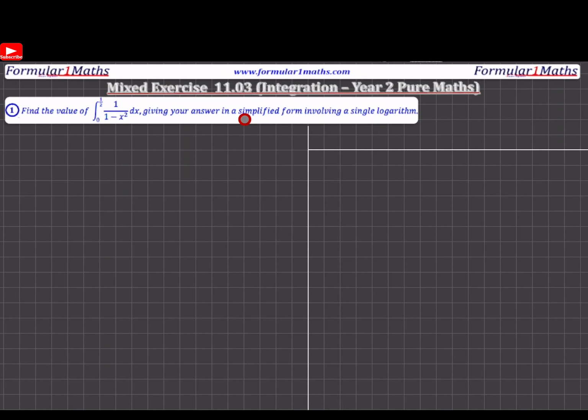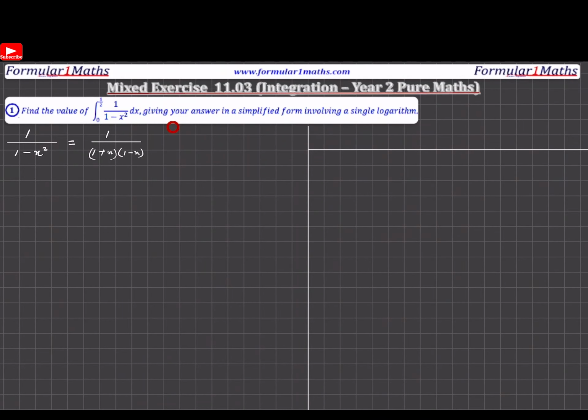Now you need to use partial fractions to solve this question. So first, we resolve this fraction into partial fractions. So I have 1 over 1 minus x squared is equal to 1 over 1 plus x times 1 minus x.